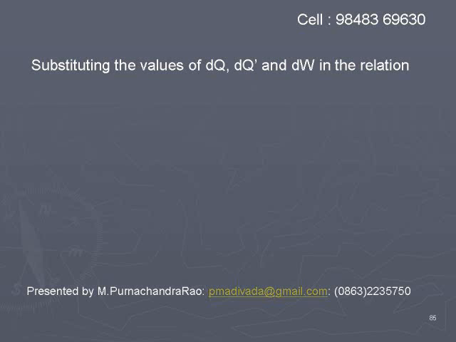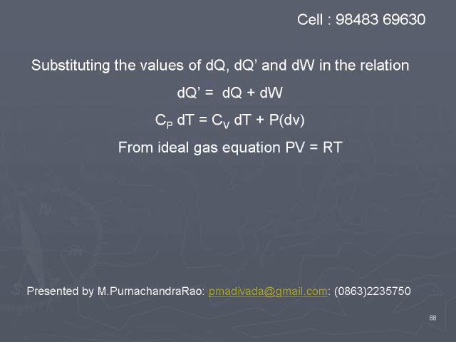By substituting the values of dq, dq prime and dw in the relation dq prime is equal to dq plus dw, we get Cp into dT is equal to Cv into dT plus P dV. From the ideal gas equation, for 1 mole of a gas, PV is equal to RT.